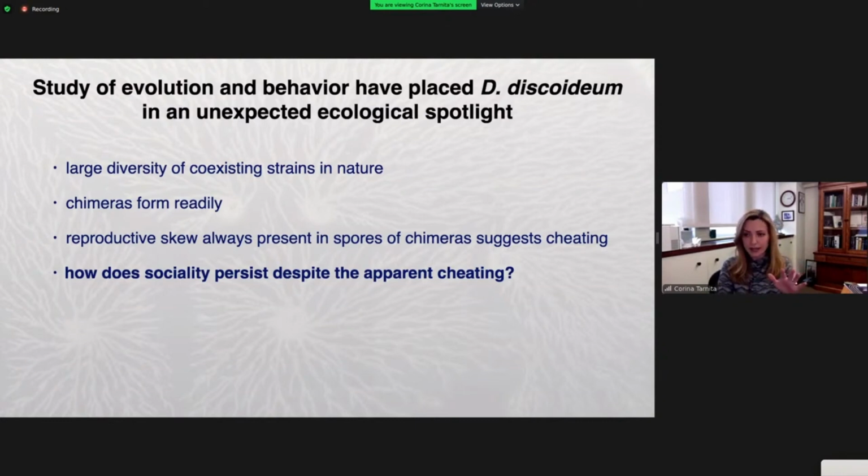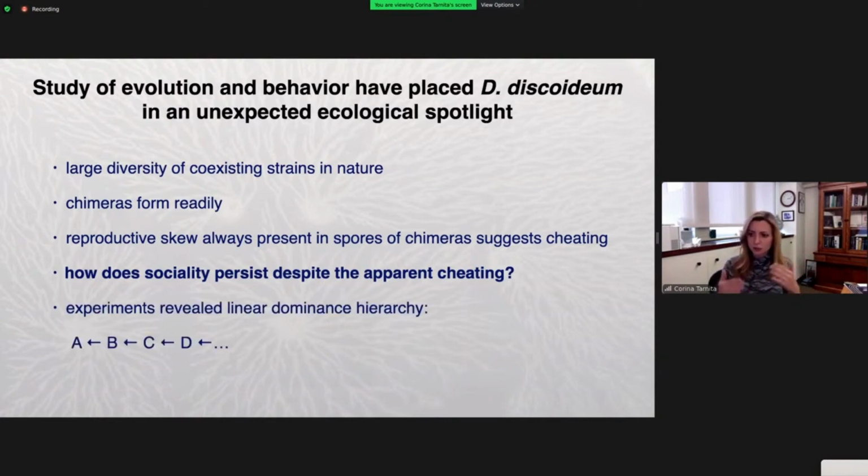Even more dramatic was the finding that it's not just that you find this kind of dominance interactions, but that there is a linear dominance hierarchy, that in every pairing, strain A always had more of its own spores in the globule of spores, and so on and so forth.